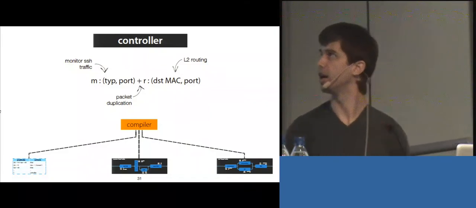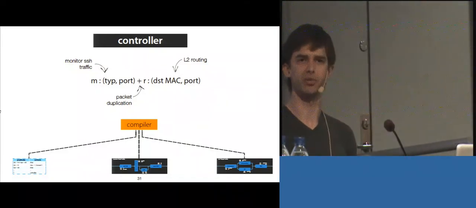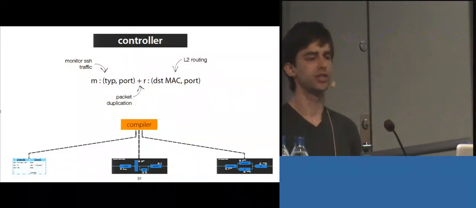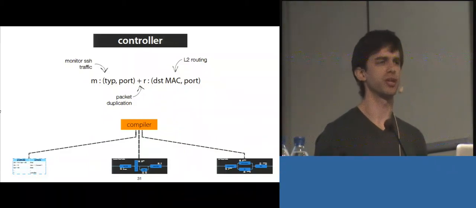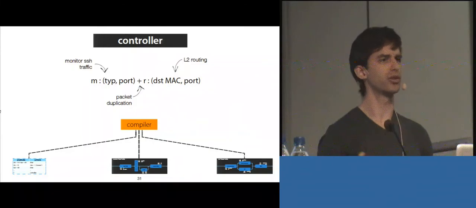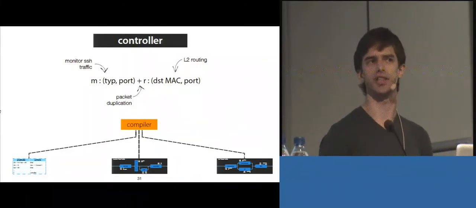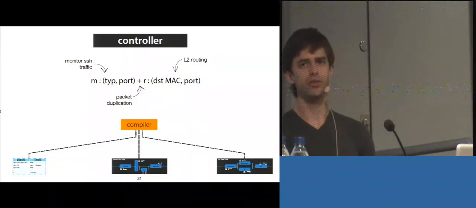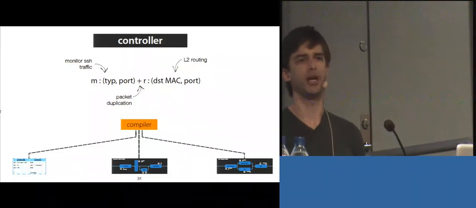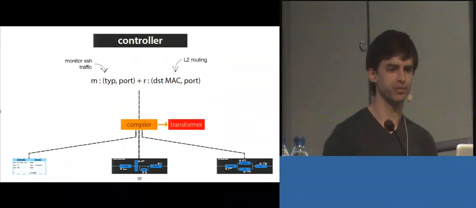So we're using a new operator here, which is the union or packet duplication operator. Intuitively, if we're talking about functions for packets, so sets of packets, the semantics is: copy the packet, run it through both sides, and take the union of the resulting sets. And of course, we need packet duplication here because we'd like to do routing as normal, but copy some packets, that is SSH packets, to send off for analysis.